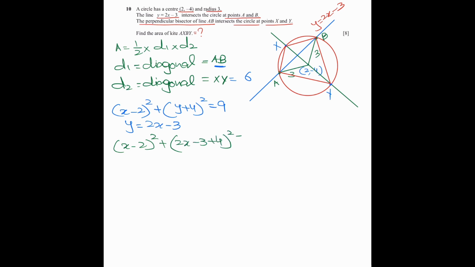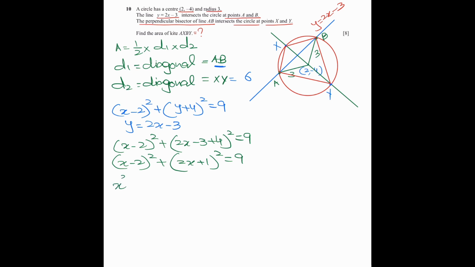First of all, write down the equation of the circle. It is (x minus 2) whole square plus (y plus 4) whole square is equal to 3 square. And the line is y equals 2x minus 3. Now substitute. So (x minus 2) whole square plus (2x minus 3 plus 4) whole square equals 9. So we have (x minus 2) square plus (2x plus 1) square equals 9.